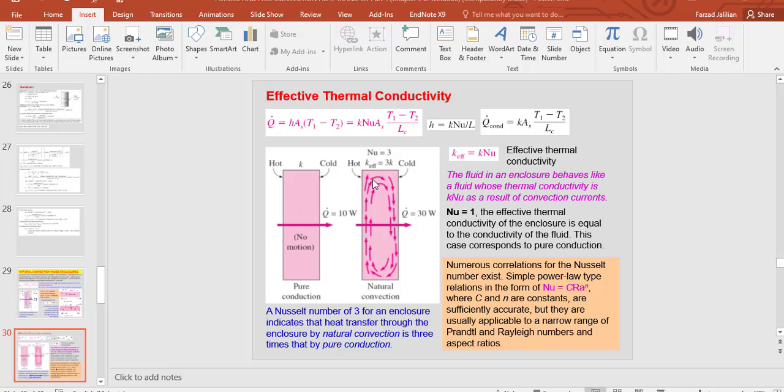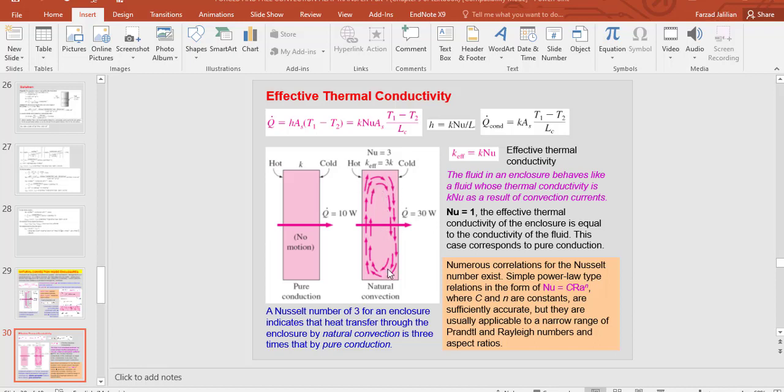But when the fluid inside the enclosure is in motion due to its characteristics, it is a light fluid, and its Rayleigh number is higher than 1100 something, so we have convection heat transfer.